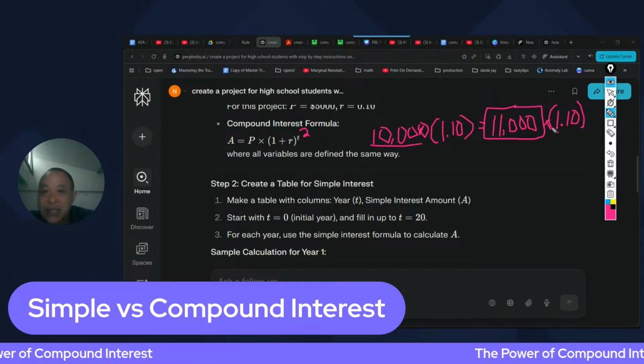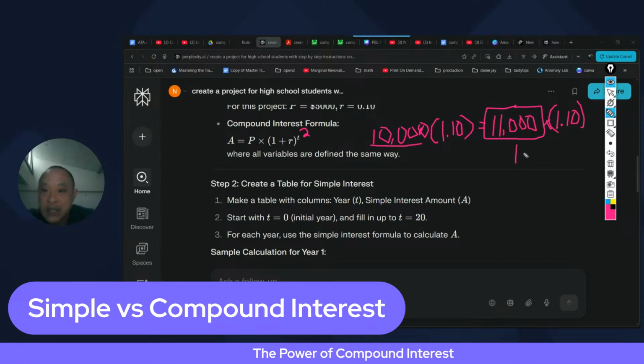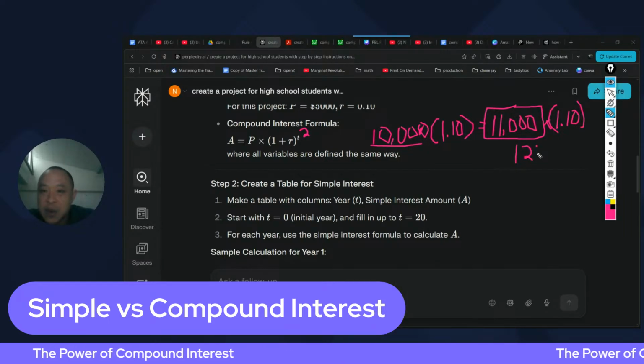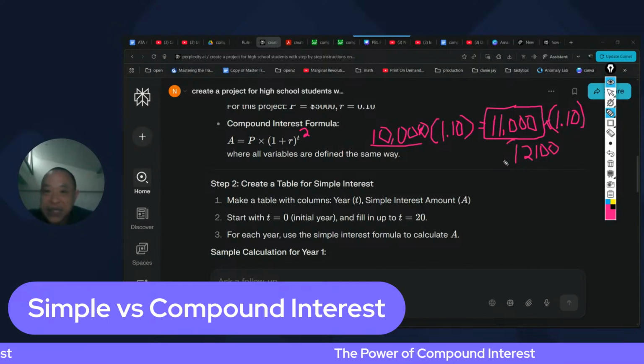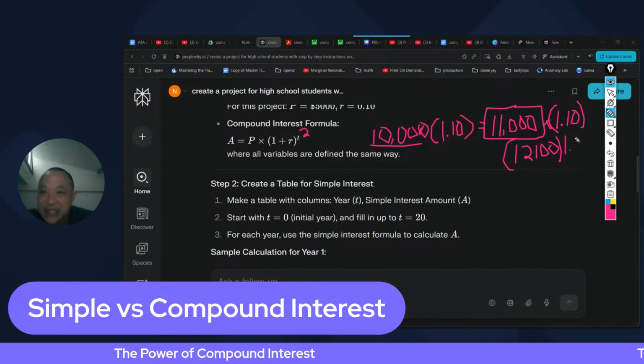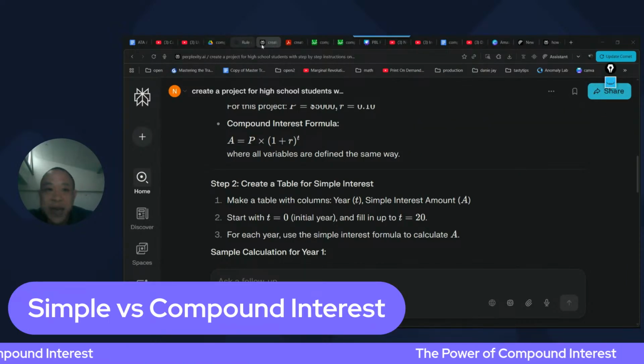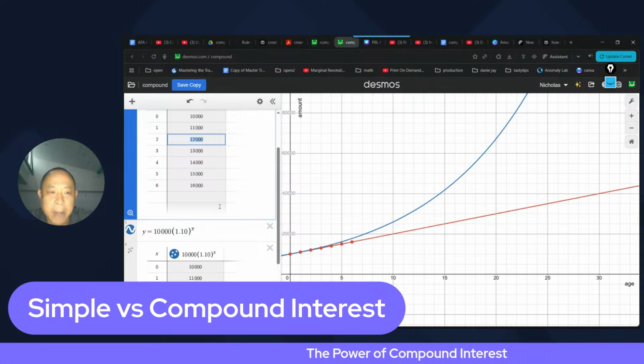So that is equal to 12,100. Actually, I take that back.